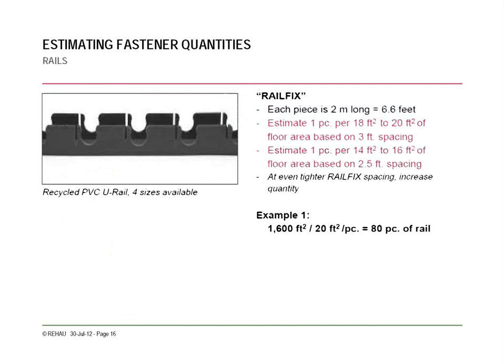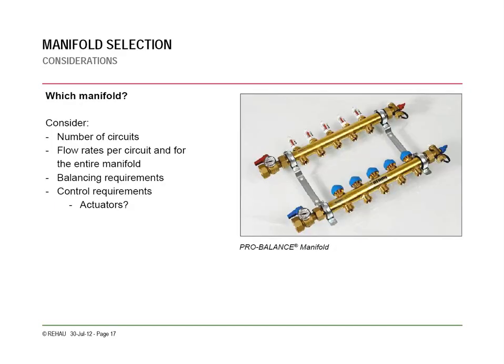And as I mentioned, the rail fix, each piece is 6.6 feet long, and you need one for every 20 square feet. So for this specific example, it would have been 80 pieces of rail. And as I mentioned, you can find those on the information provided for each of those.